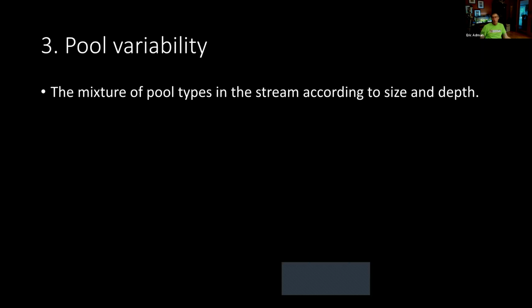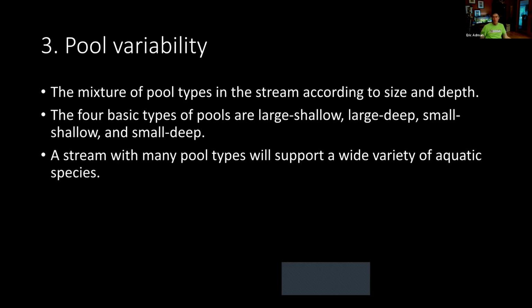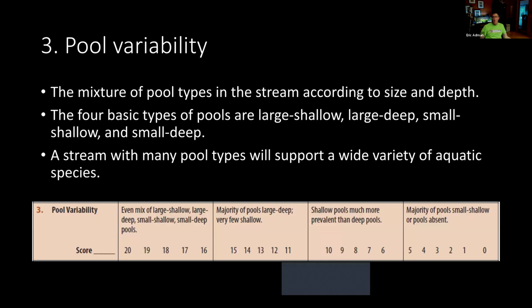And then what sort of pools are there? Are there pools? For instance, in the example of the Sammamish River, there are some pools, but not very many. That would tend to score on the low end of the scale.